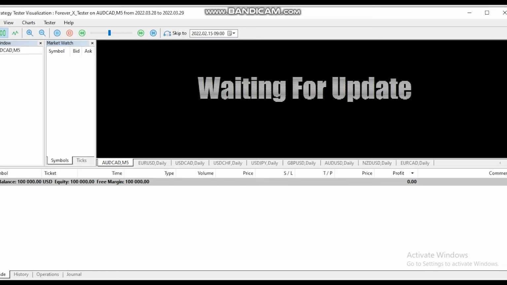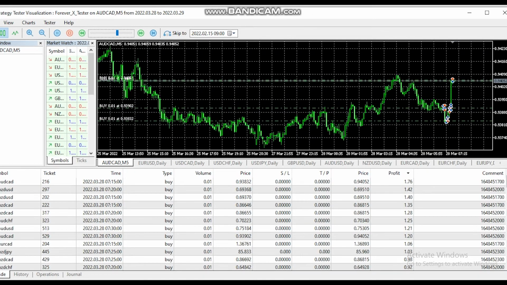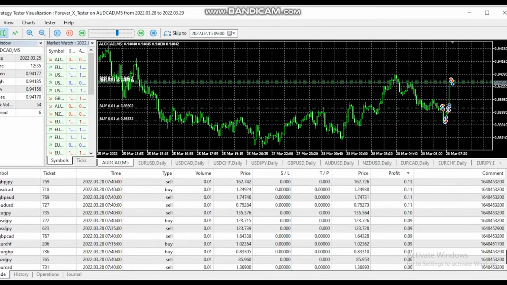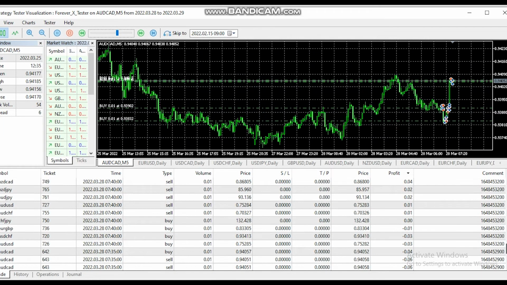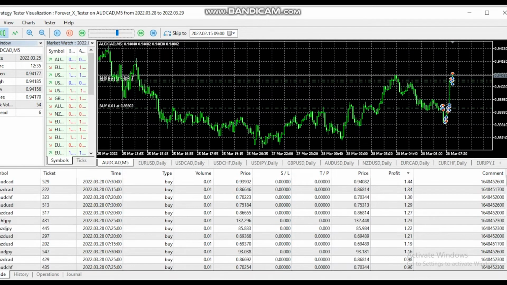If we start, increase the speed a bit. So you can see it's inserting trades on every single one of the 28 major currency pairs. So 1 buy, 1 sell trade every 5 minutes, and it's monitoring those positions. So if a trade gets to negative 0.2, it closes it.